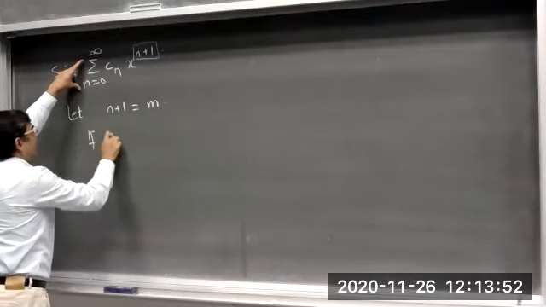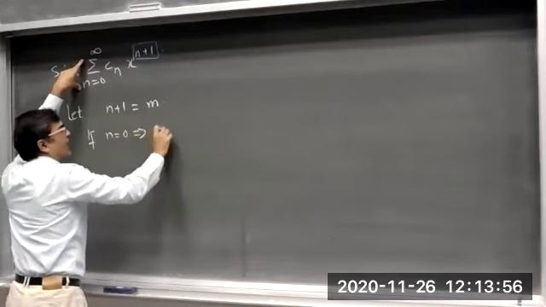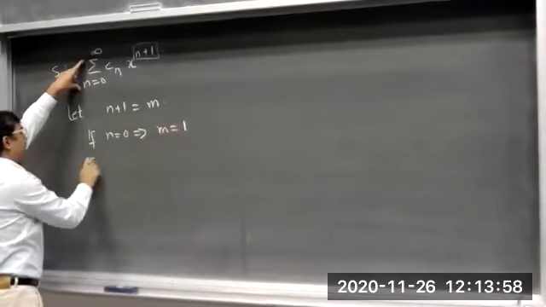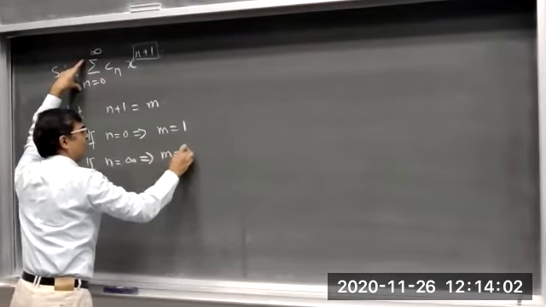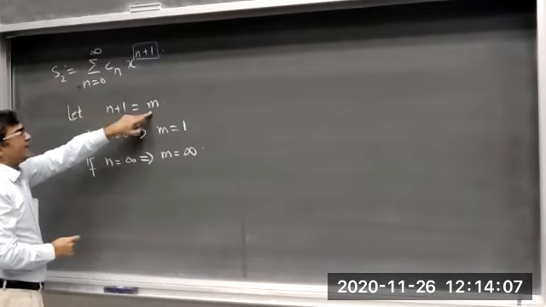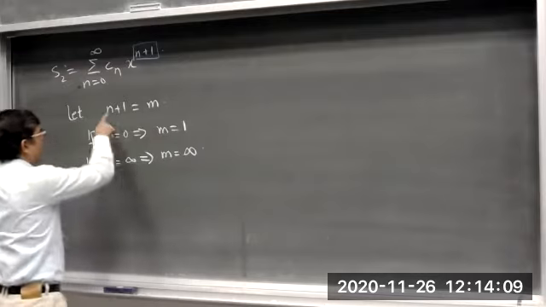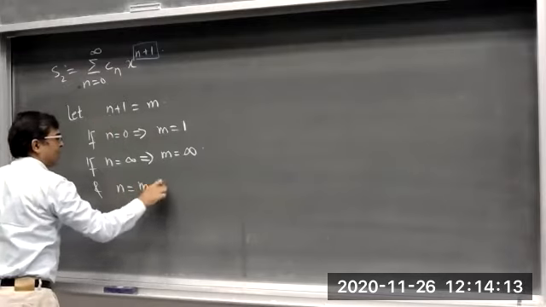If n is 0, then m is what? M is 1. And if n is infinity, then m is obviously infinity. And also, n plus 1 is m, and n is m minus 1.